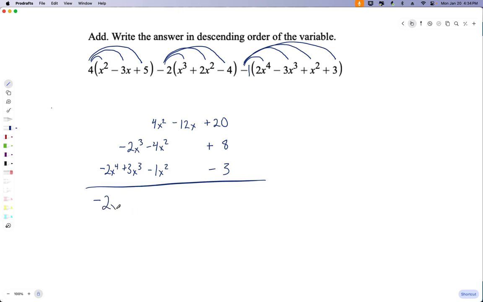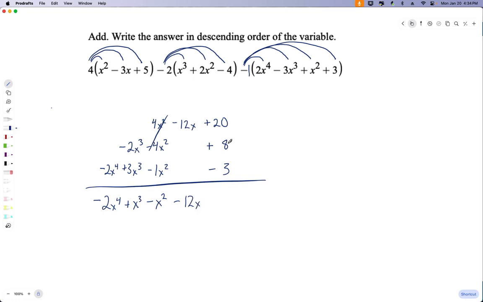So negative 2x to the 4th, we have negative 2, positive 3, so it's going to be a positive 1x. We know the 1 in front of the x is invisible. We've got positive 4, negative 4. Those two cancel each other out. So we have a negative 1, so it's a minus, the 1's invisible, x squared. We bring this one straight down because there's nothing to combine it with.